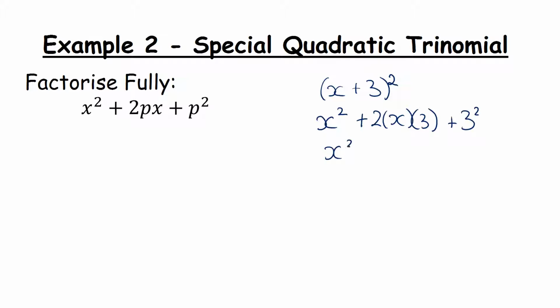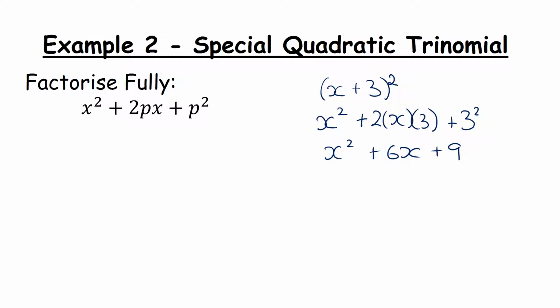So I get x squared plus 6x plus 9. So that comes from Pascal's triangle. My advice would be that you write out your brackets twice and you do your multiplications to ensure nothing goes wrong. But it is useful to have an understanding of this.